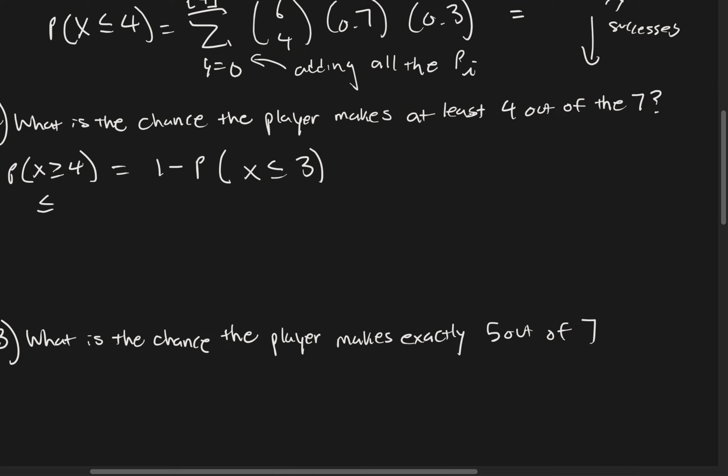And if the player makes more than 4, then the player has to miss less than 3. Obviously, greater than 4 and less than 3 aren't the exact probability.